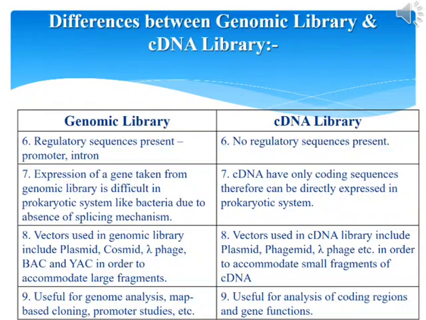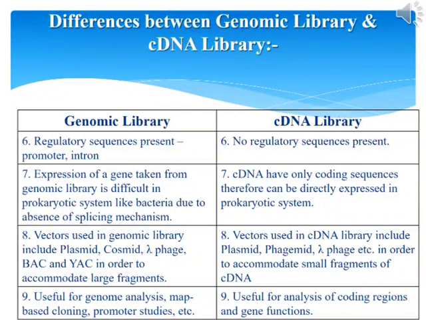In the case of a genomic library, vectors are mainly plasmid, cosmid, lambda phage, bacterial artificial chromosome and yeast artificial chromosome. These vectors are used so that they can accommodate large fragments.